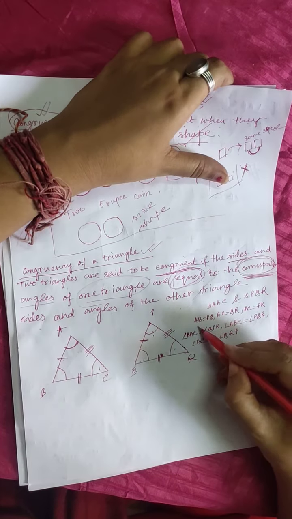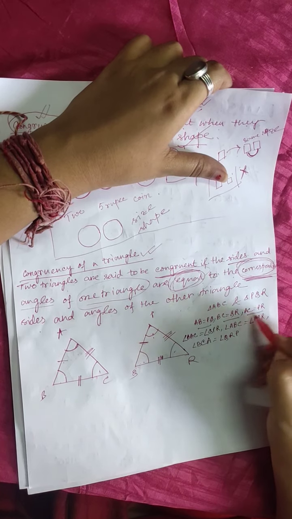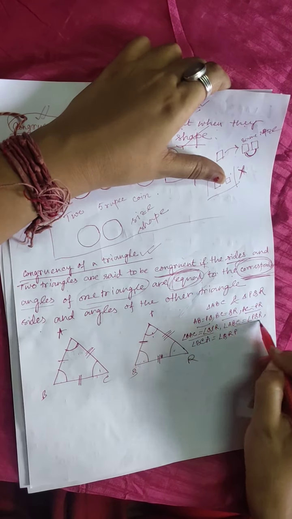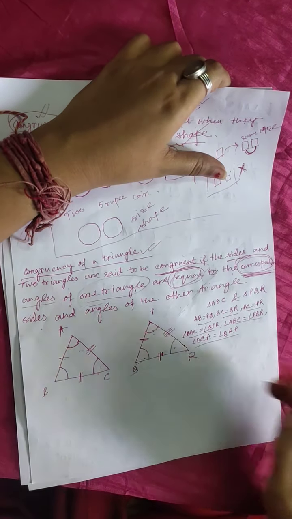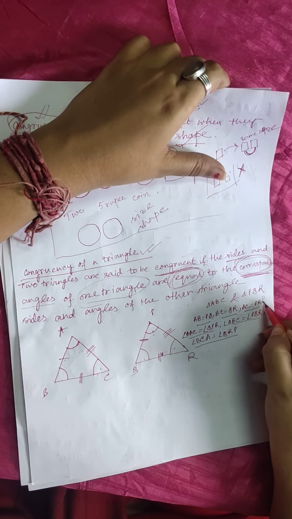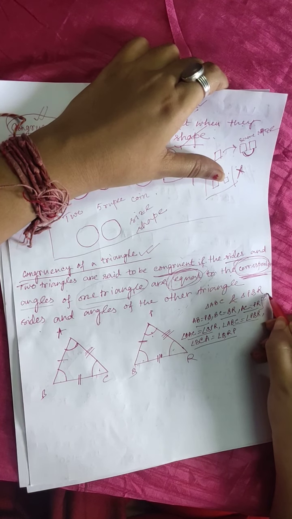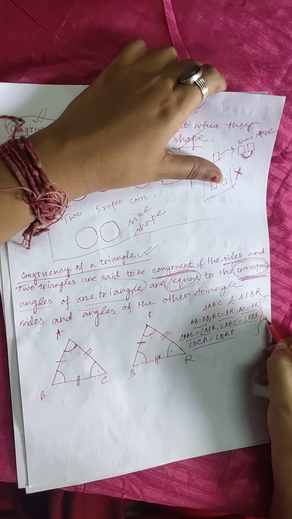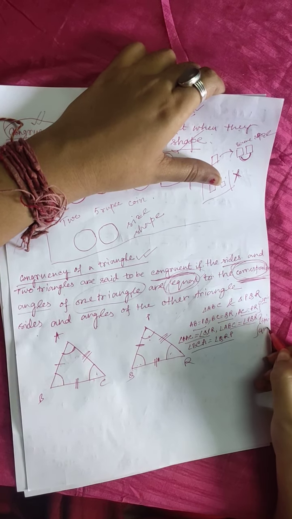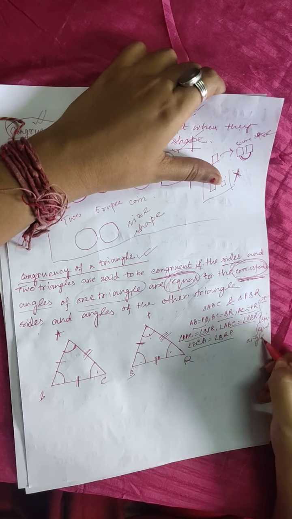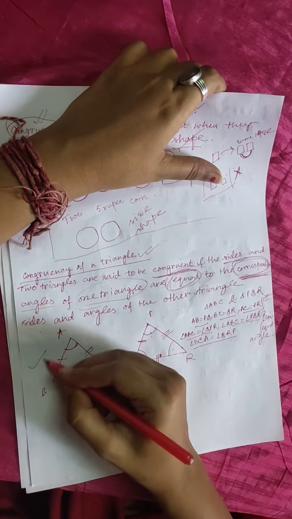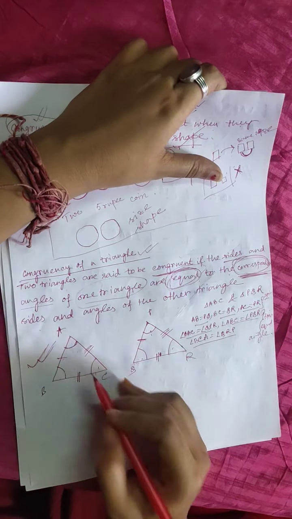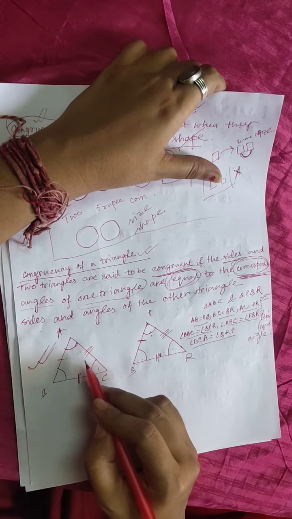So here these three corresponding sides are equal and these three corresponding angles are equal. In this case we get three pairs of equal sides and three pairs of equal angles. If this condition is satisfied, then these two triangles will be called congruent.